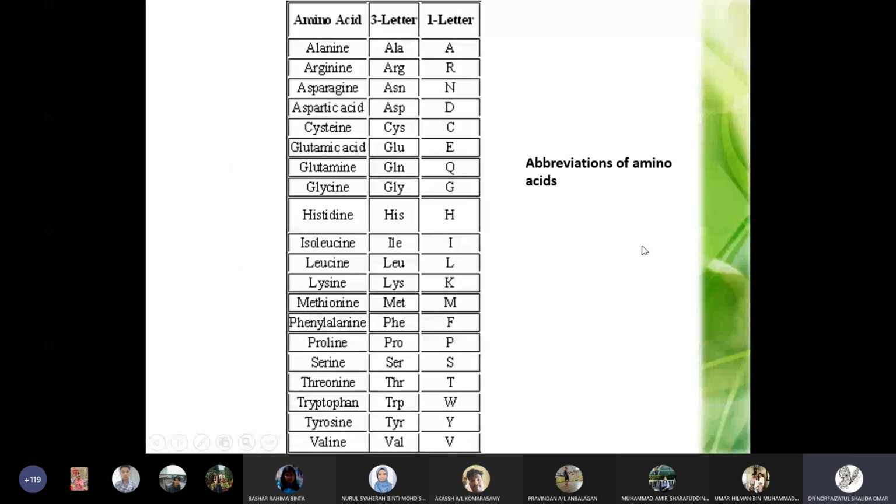You don't need to remember all of those, but at least you need to remember which ones are glucogenic and ketogenic amino acids, and also familiarize yourself with the abbreviations, because these abbreviations are also going to be used when we do transcription and translation.